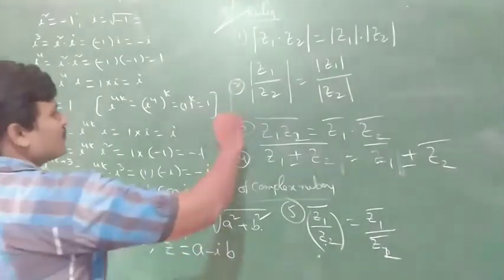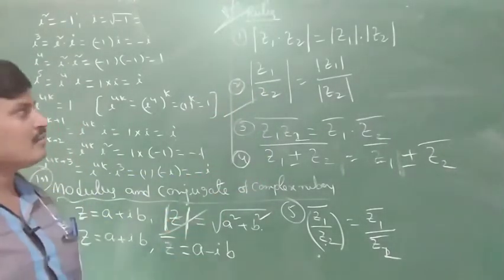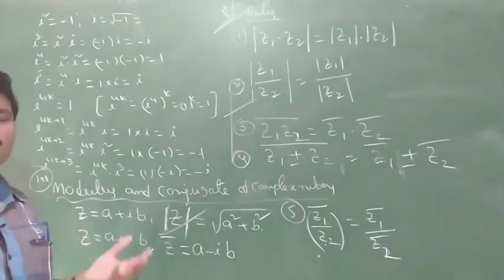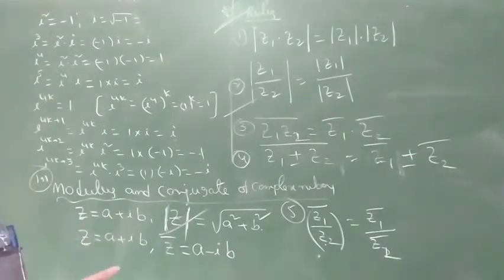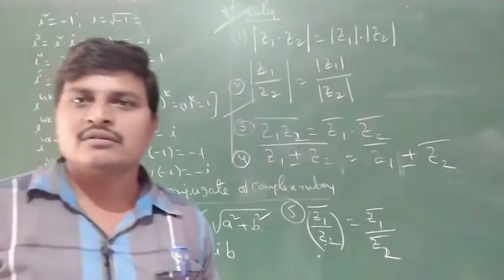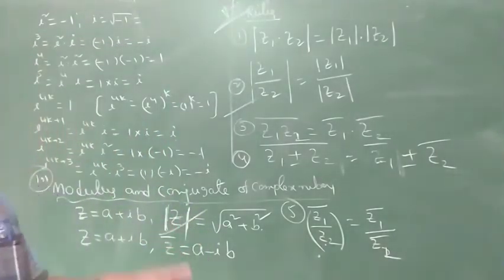These are the rules and definitions, and some i values. Any power of i, i power 100, i power 1000, we have to calculate by using the formula i power 4k plus 1, 4k plus 2. Okay, this is the result.